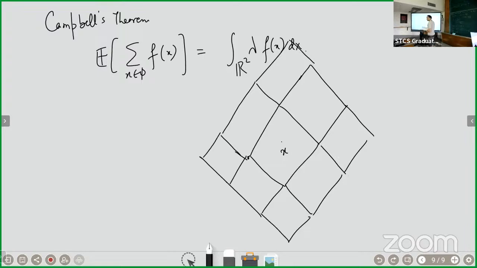I'm looking at any point x here. These are the centers which I'm interested in. How many are there at level 1? There are at most 4 of them. How many are at level 2? 12, and so on and so forth.